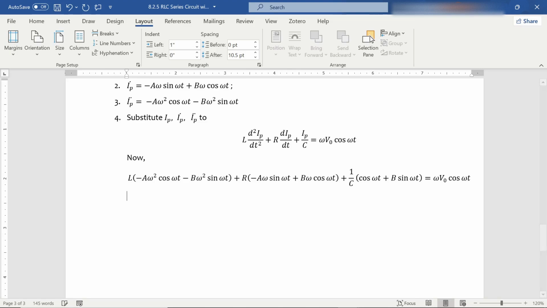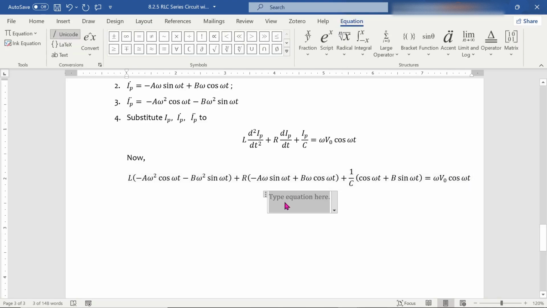But before that, it's better if we expand this so that we have negative L A omega squared cosine of omega t, plus minus LB sine of omega t.